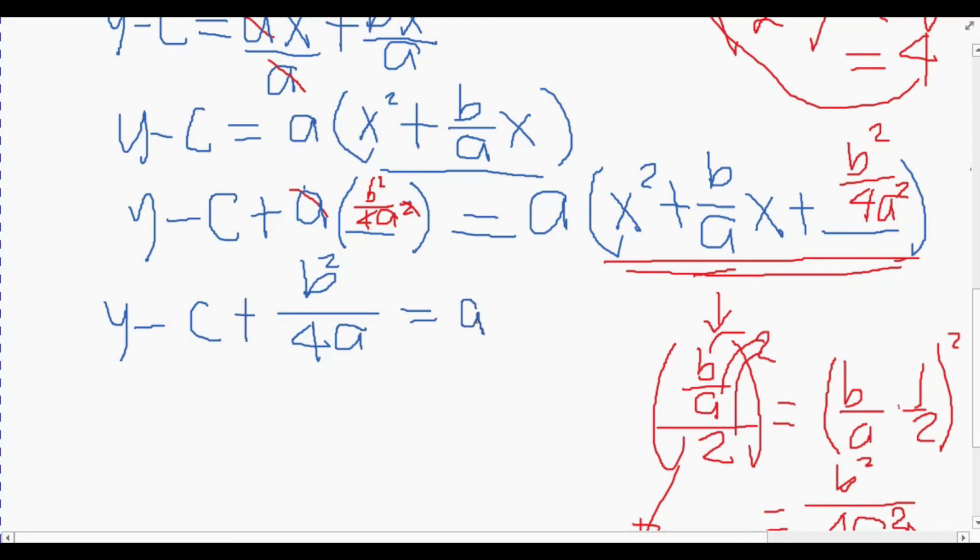So a times x plus b over the square root of b squared is b, the square root of 4 is 2, the square root of x squared is x, the square root of a squared is also a.